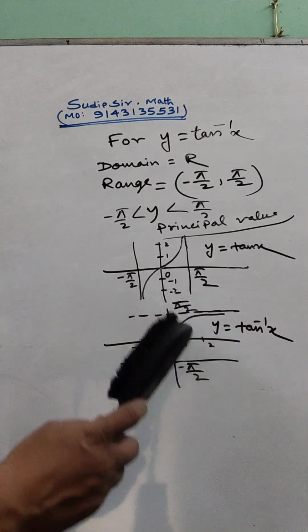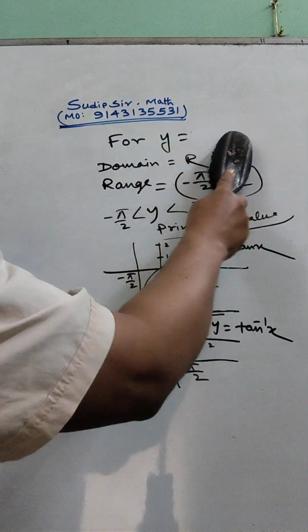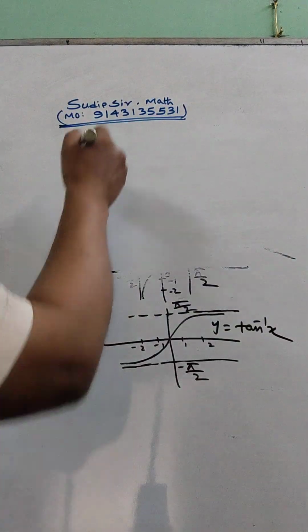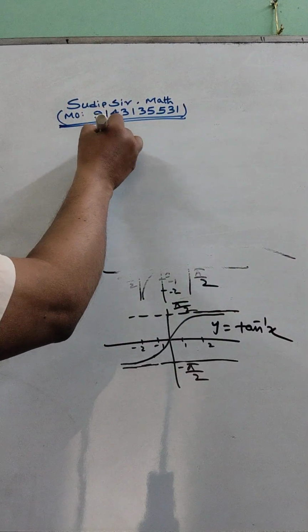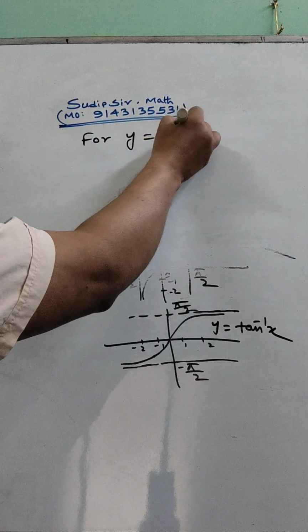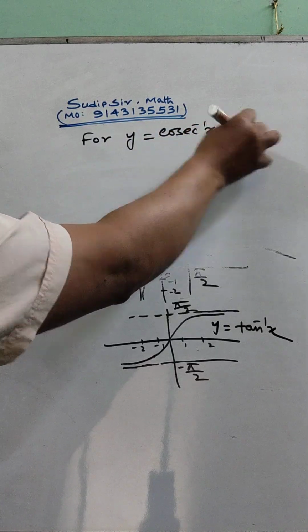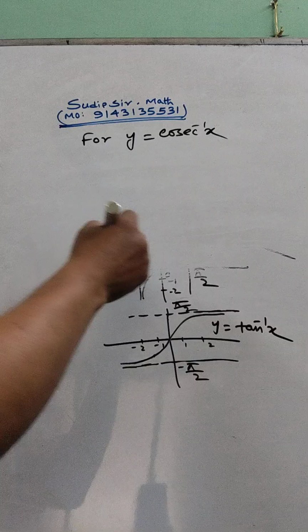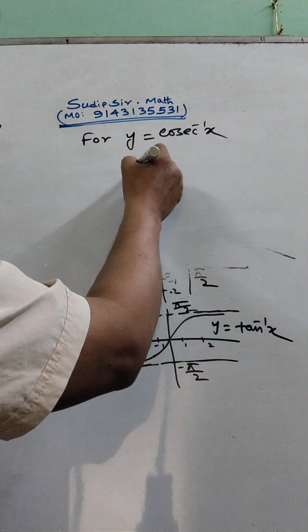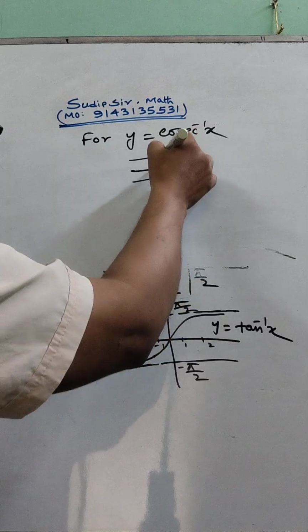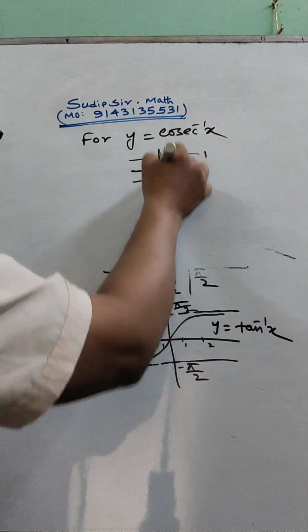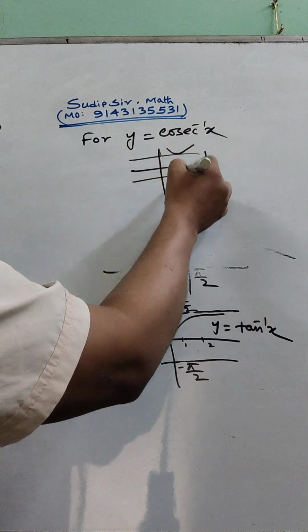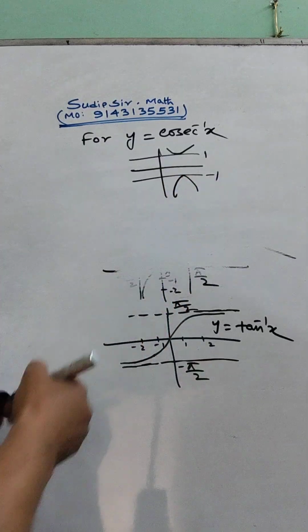Now, for y equal to cosec inverse x. Cosec does not take any value between 1 and minus 1, so it will be more than 1 or less than minus 1 type.